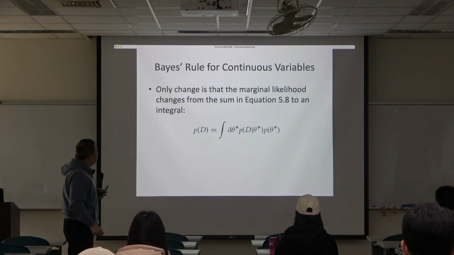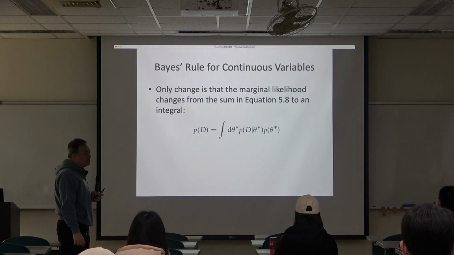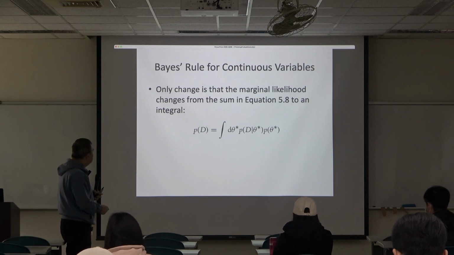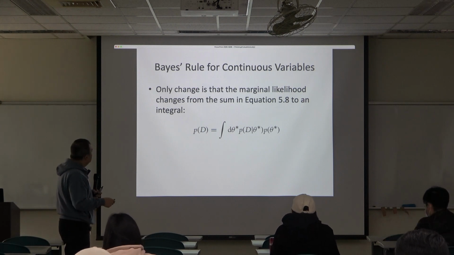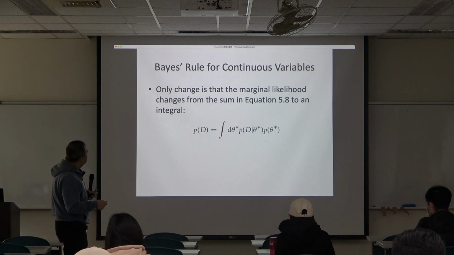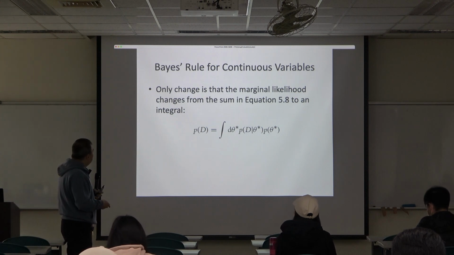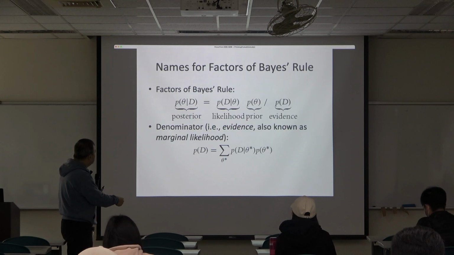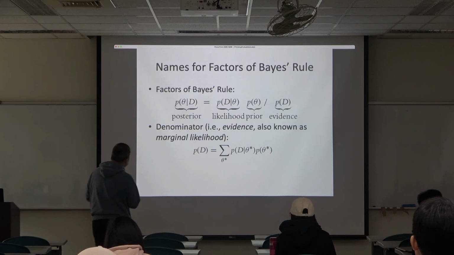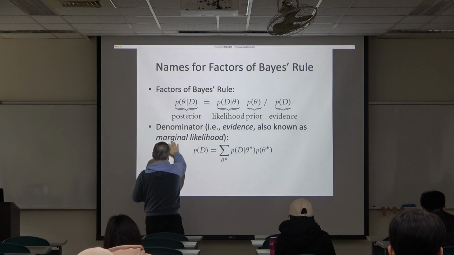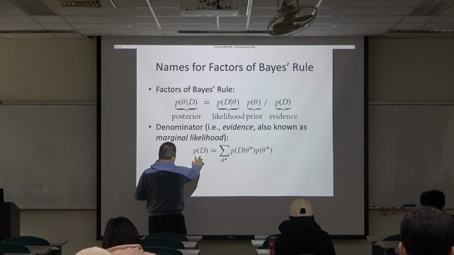Of course, if we have the discrete case, we also have the continuous case. So if the variables are continuous, then the marginal likelihood, by the way, P of D, or evidence, whatever you call it, is this one.